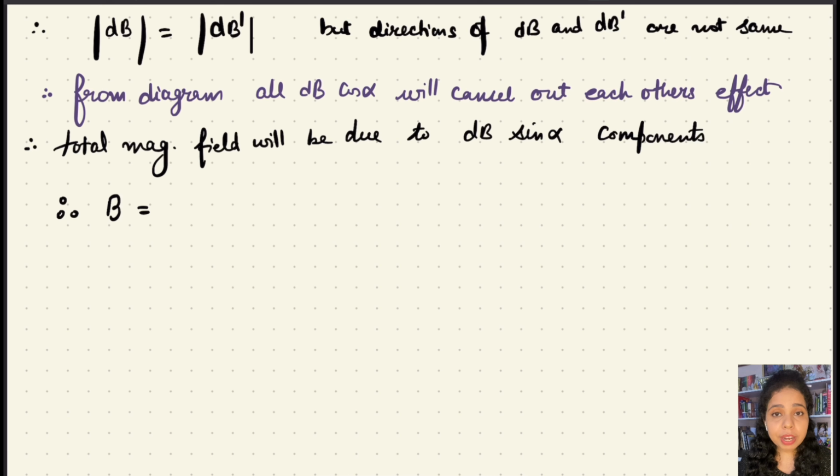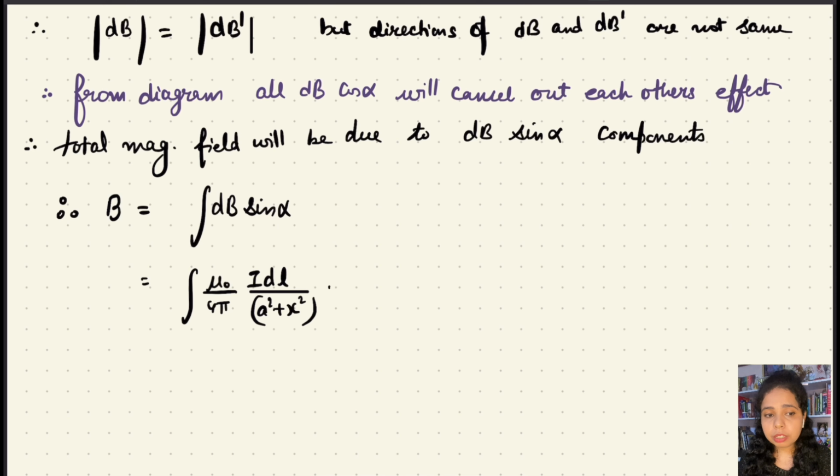We cannot add an infinite number of components with the summation sign, so we have to integrate dB sine alpha, that is integral dB sine alpha, and putting the value of dB, that is mu naught upon 4 pi, I dl upon a square plus x square, into sine alpha. Now we have to find the value of sine alpha.